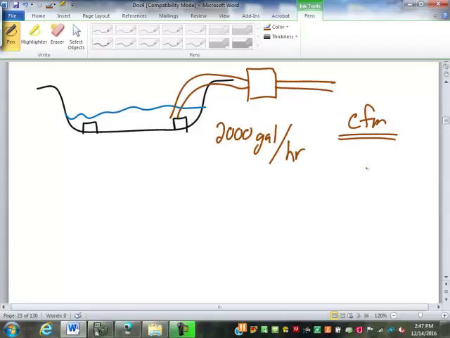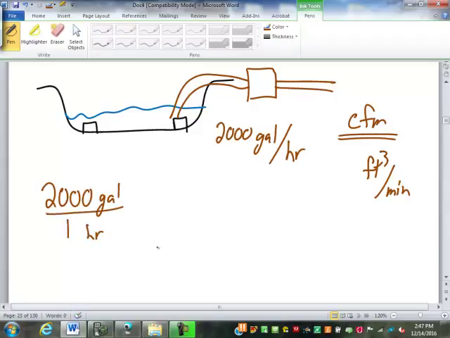CFM is cubic feet per minute. And a good pump is anywhere from 8 to 20 cubic feet per minute. So let's convert our 2,000 gallons per 1 hour into cubic feet per minute.